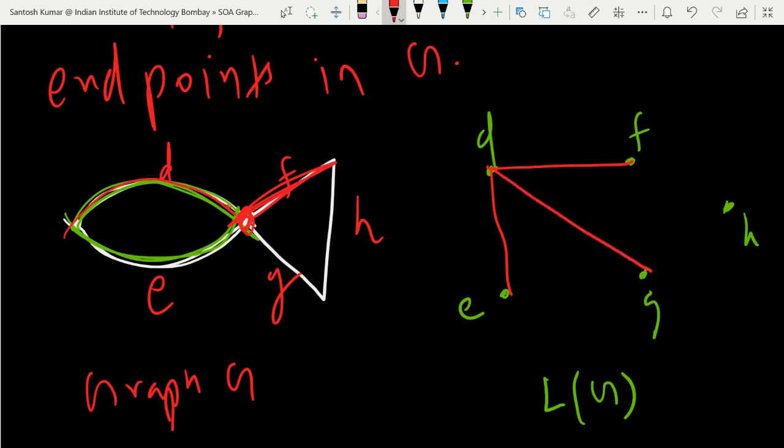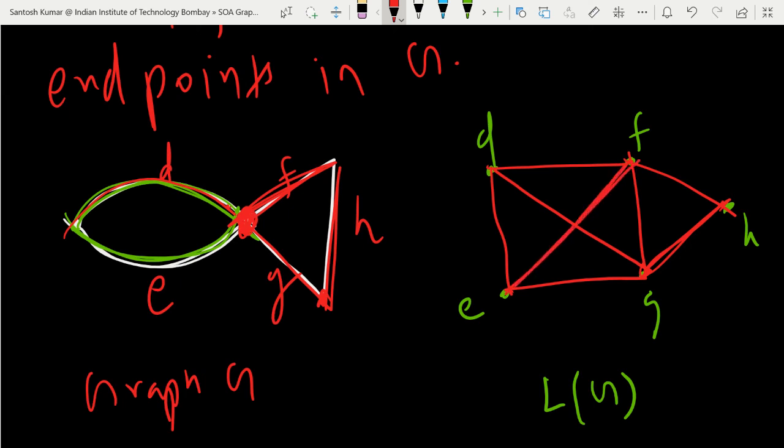E and G, and F and G also have a common vertex, so you make those. G and H share a vertex, so one edge. H and F also share a vertex. F and E also have a common vertex.